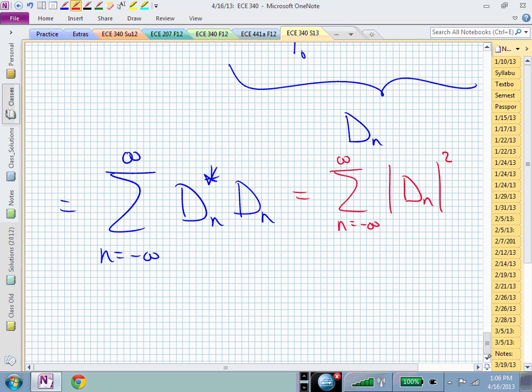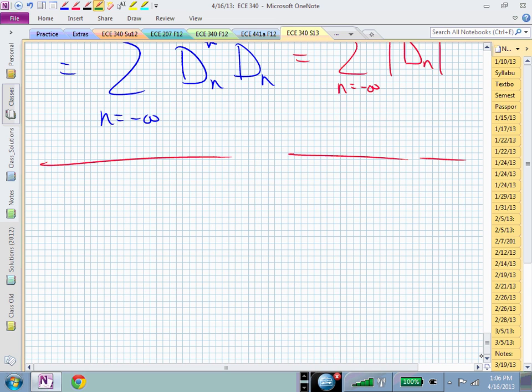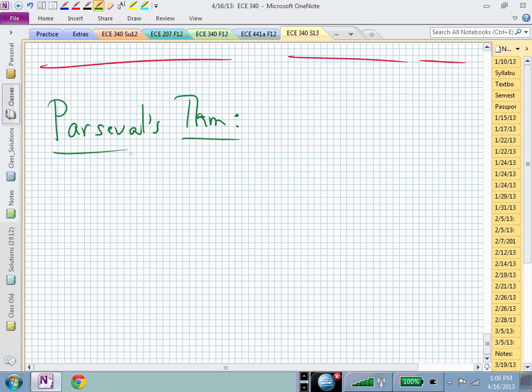And that now allows us to basically equate that final expression with the original expression for the power. And that's called Parseval's theorem. Parseval's theorem now says let's just equate the time domain and the frequency domain powers. The time domain power was right there.